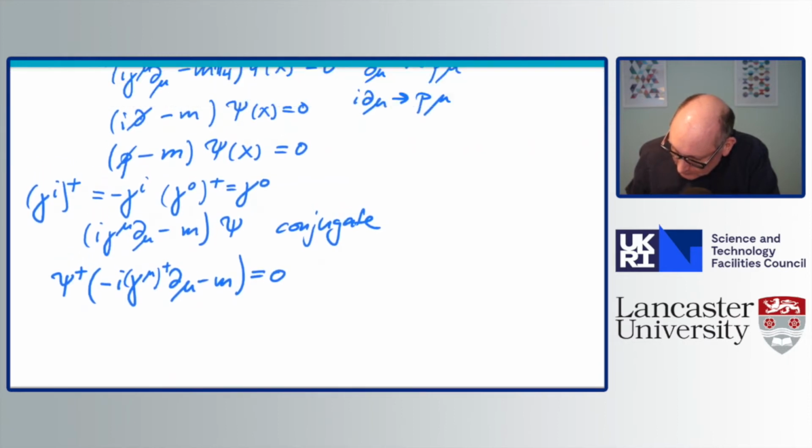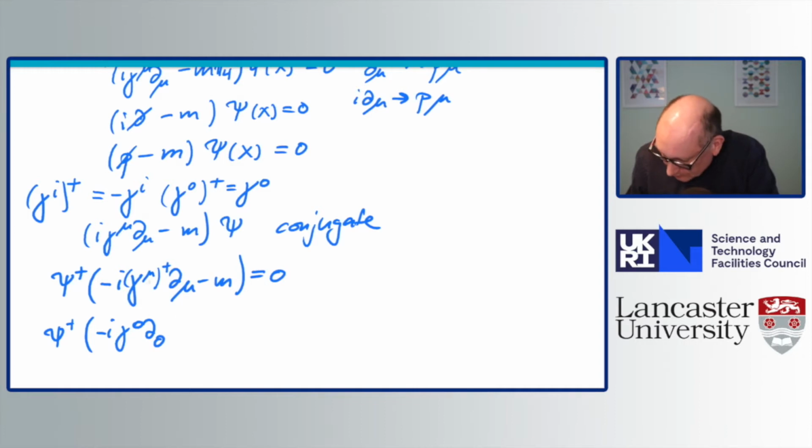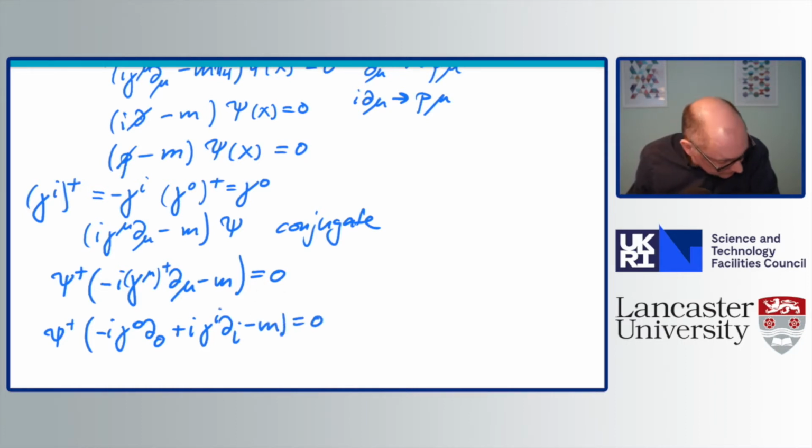Because of the behavior of the gamma matrices under Hermitian conjugation, this means that we have psi dagger, then we just write out the contraction with the mu here. We have minus i gamma 0 d0, and then because gamma 1, 2, 3 change sign under Hermitian conjugation, we get a plus i gamma i di minus m is equal to 0.